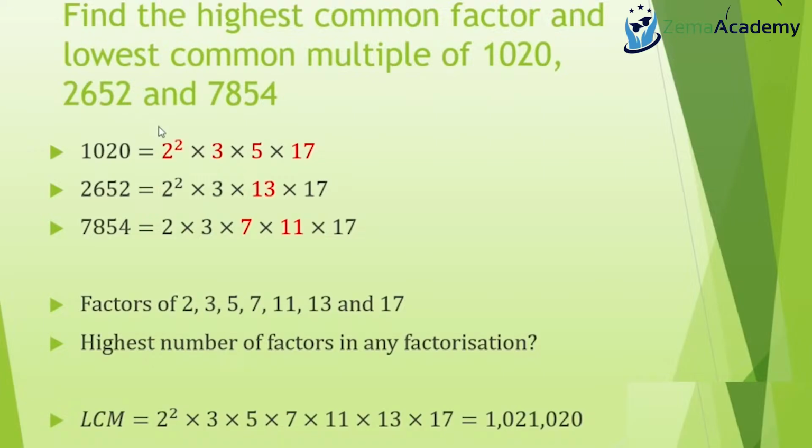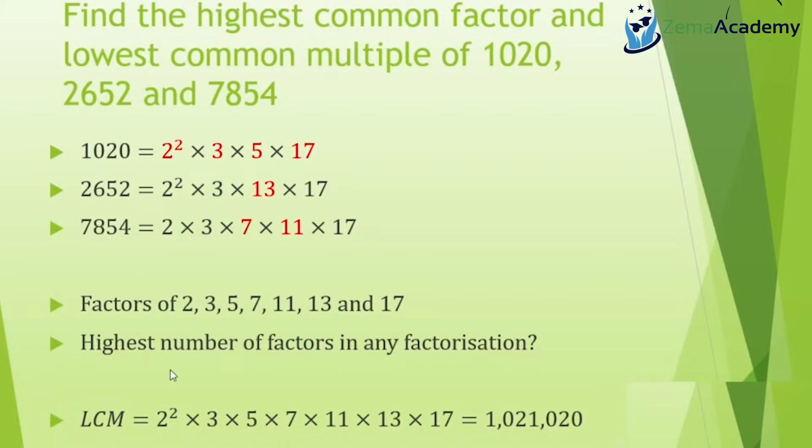It's used in both 1020 and 2652's factorisation, but I've only highlighted one of them. 3 is used just once in all of them. 5 is used just once. 7 is used once. 11 is used once. 13 is used once. And 17 is used once. Now obviously it's in all three, but the highest number used in any of those is 1 for everything but 2.